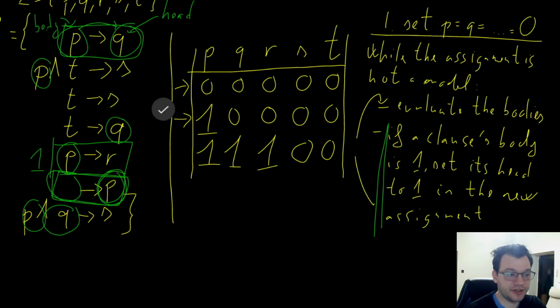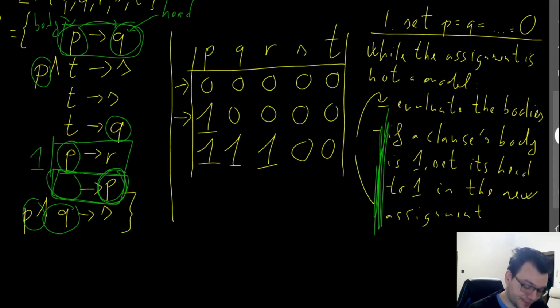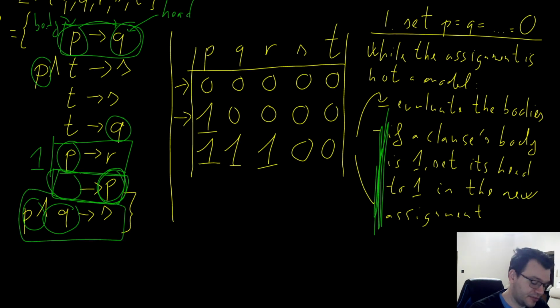You can mark this guy if you wish, but it doesn't really matter, because this part here says that if the body is 1, then you want to check the heads. But in this guy here, P and Q to S gets evaluated to 1 in its body, so we should set S to 1. And also it's worth mentioning that these guys are still true.